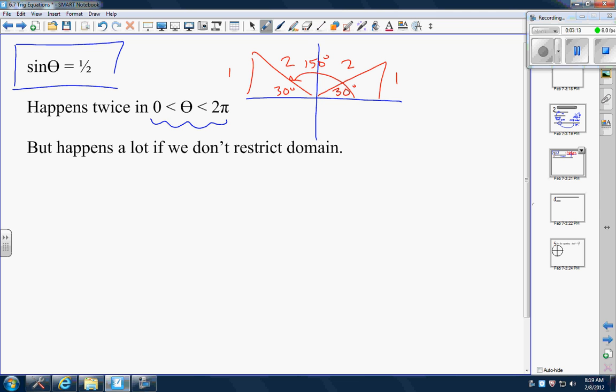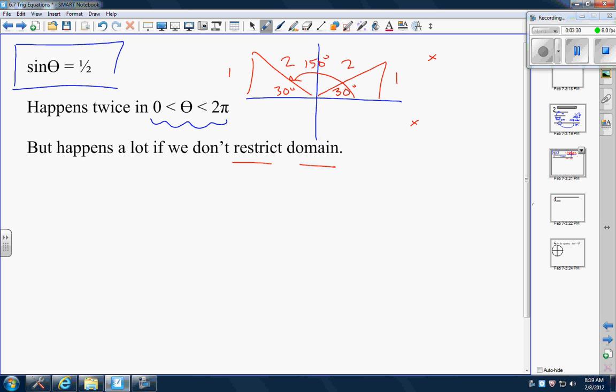Now, if I don't restrict the domain, meaning for inverses we restrict the domain, so we said sine inverses only happen here and here. If I let it go 0 to 2 pi, we can now look at all 4 quadrants.